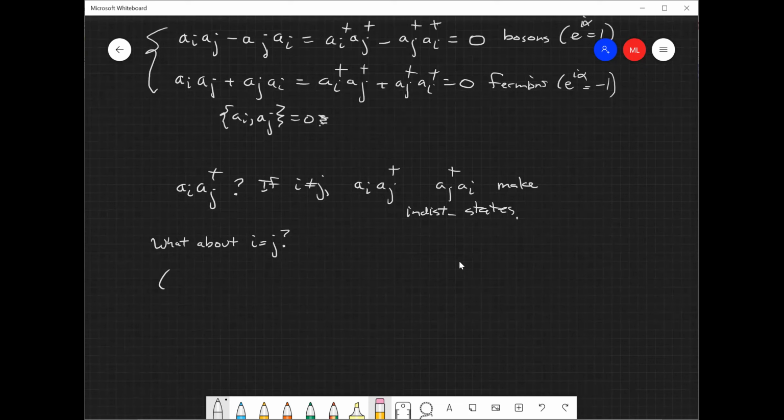So all right, so tricky. So let's think about i equal to j. And then you're adding and removing a particle in the same state.